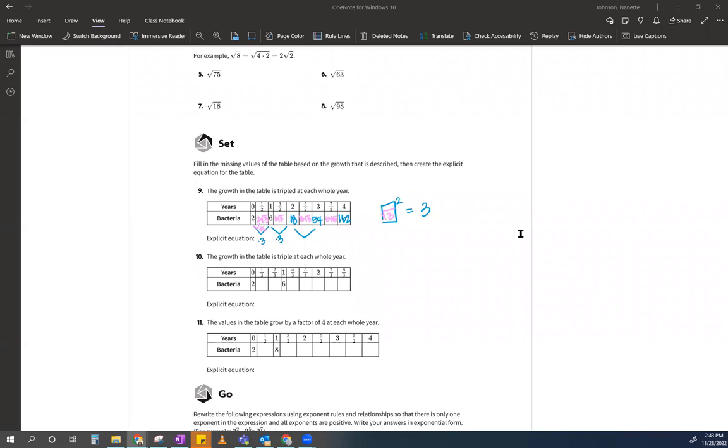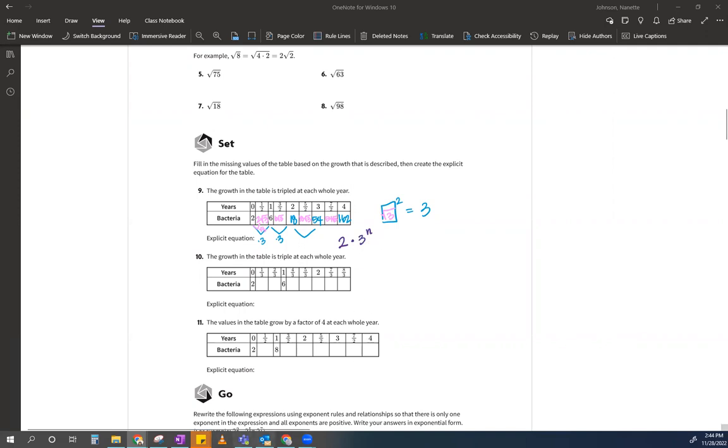So then the only other thing that they want you to do is create an explicit equation, which we can definitely do. So again, you're going to take your term that you know, which in this case is 0, so I'm going to write a 2 times your multiplier, which is going to be 3, and then here I'm going to put an n, or n minus 1.